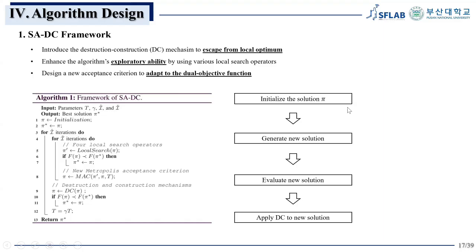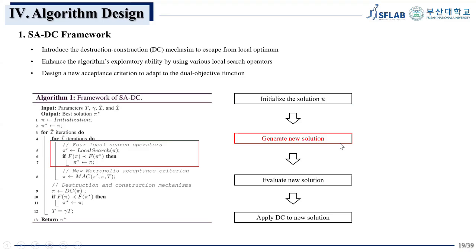First is initialize solution, generate new solution, evaluate it, and then apply the DC mechanism to it. I will explain one by one. First, we initialize the solution pi, and then we set it to be the current best solution pi star. Then we generate a new solution using the local search operator. In this step, if the new solution is better than the current best one, then we also accept it as the current best solution.